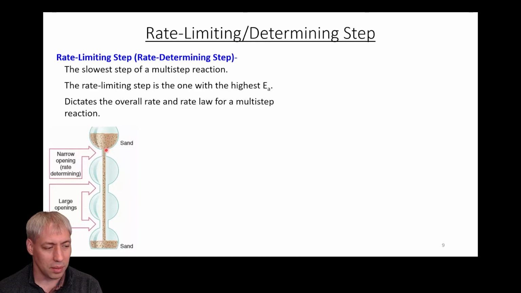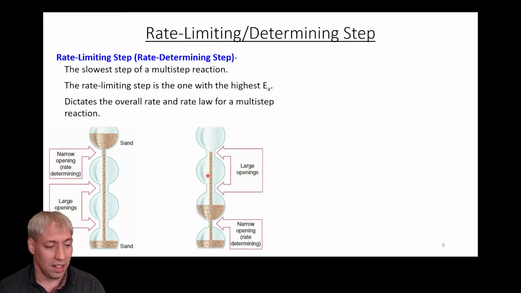And so you can think about that as step one in a three-step process. Step one is here, step two is here, step three is here. Step one is what dictates everything. You can't pour sand faster because it's limited by this right here. That's why it's the rate limiting step. If instead you have the narrow neck on the third step, these two are fast, this one's going to be slow.